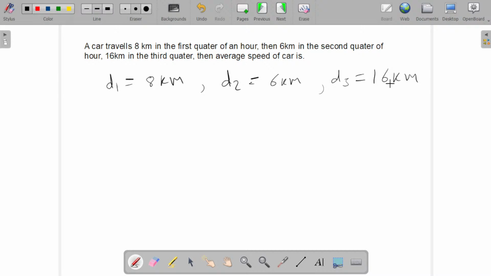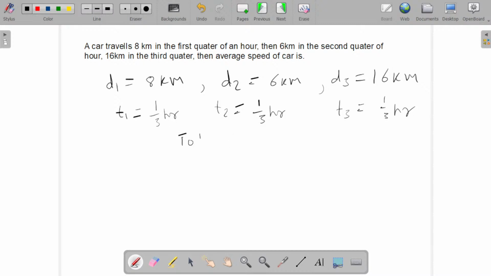So here the distance is given, so let's discuss time, which is 1 hour. So let's take a quarter of 1 hour. T1 will be 1/3 hour, T2 will be 1/3 hour, and T3 will be 1/3 hour.